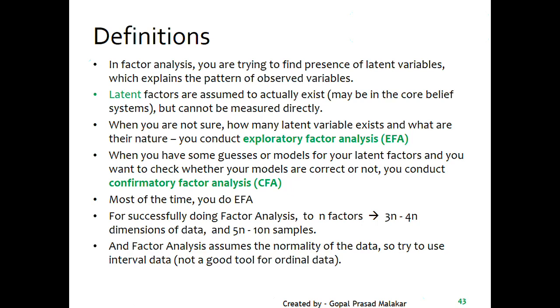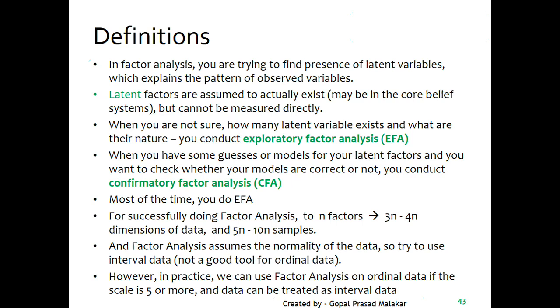Factor analysis assumes normality of data, so you should try to use it with interval data. It's not a good tool for ordinal data. However, in practice, when you have a scale which is 5 or more, it can be treated as numeric data, and very much the way you converted an ordinal variable into a scale of 0 to 1 earlier, you can take it.